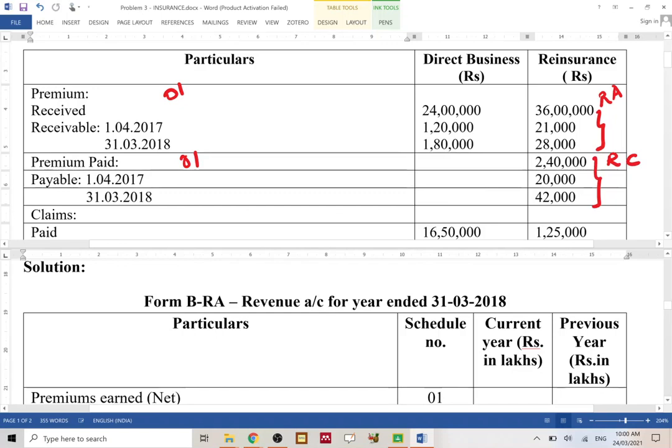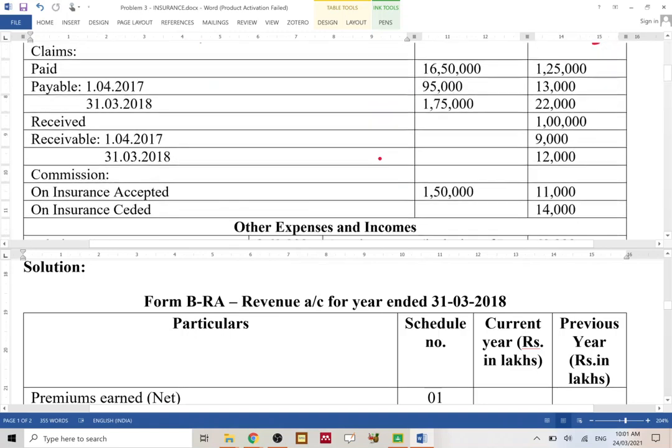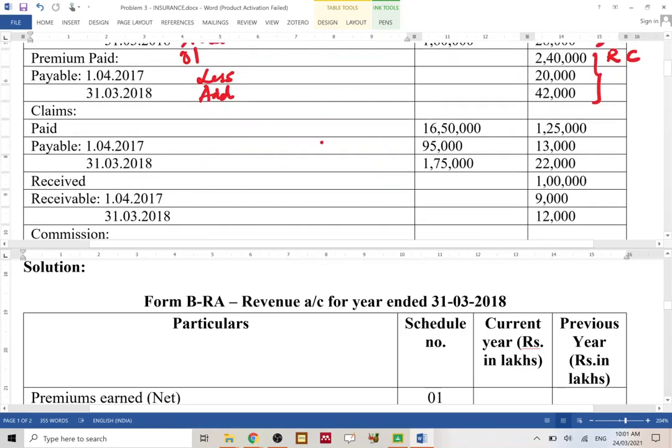Anything that is outstanding of the previous year has to be deducted. Anything that is outstanding for the current year has to be added. Same thing will be done here: less for the previous year, add for the current year. So simple, we know which is accepted and which has been ceded. Same thing is with claims. When claims are paid, they are either paid on your direct business or on reinsurance accepted.